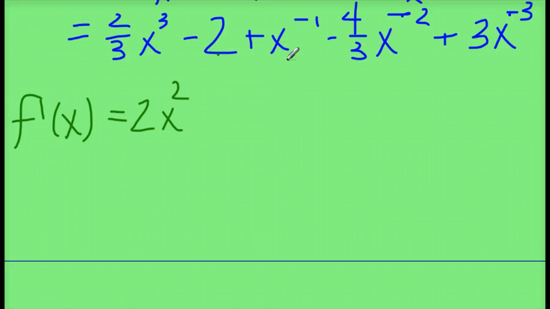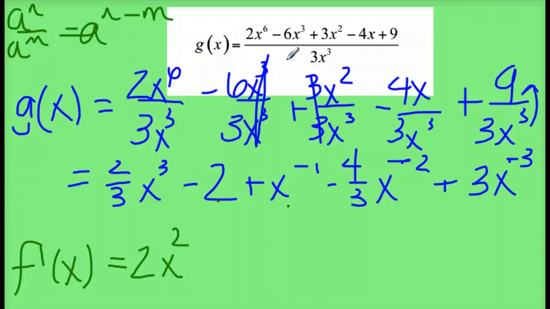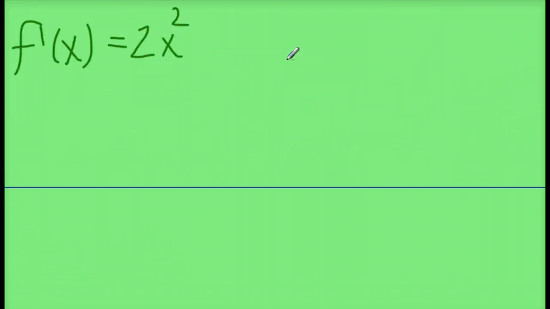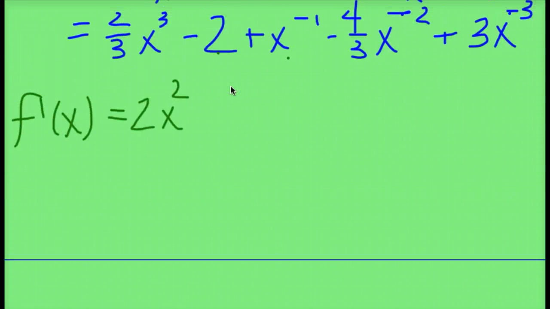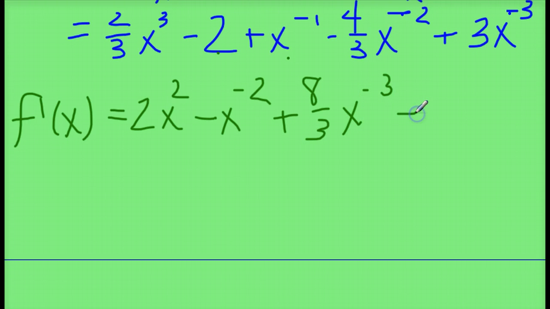So I'm going to continue here to negative, let me go back. I have negative x to the negative 2, because negative 1 minus 1 is negative 2, plus 8 over 3 x to the negative 3 minus 9x to the negative 4.